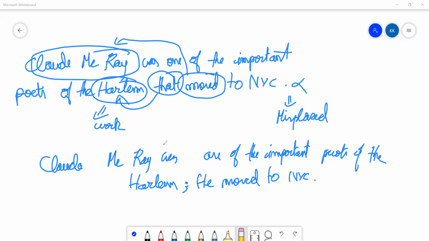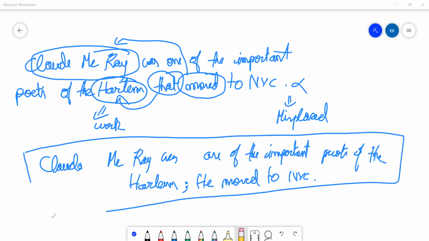So this is new. Nowadays, this is also coming in your options. That is separating one sentence into two different correct sentences. So this is also one way that you can edit the modifier. Got it? Understood?